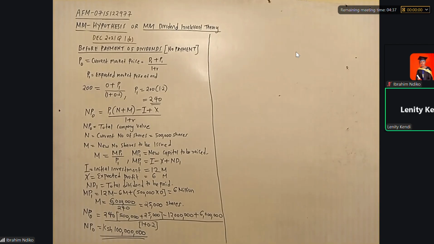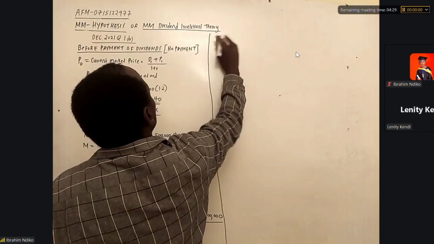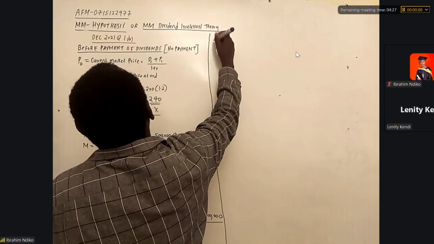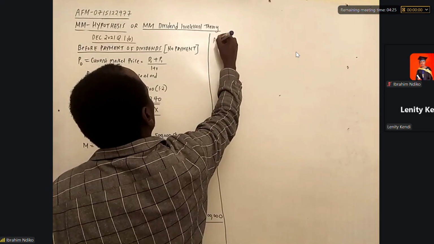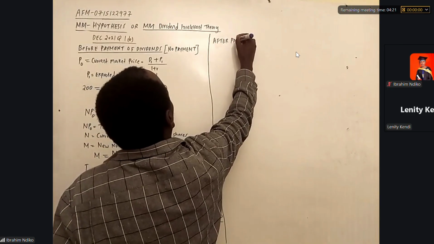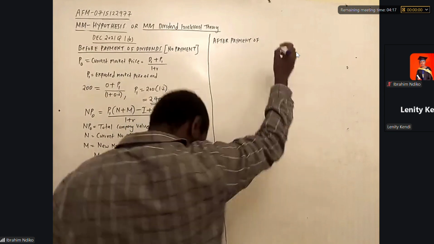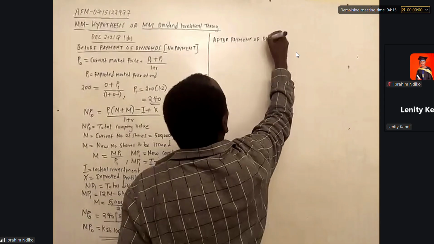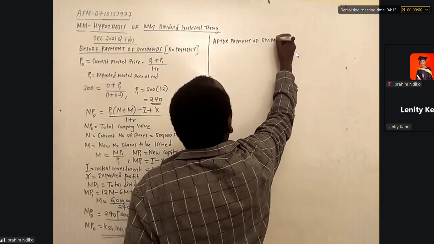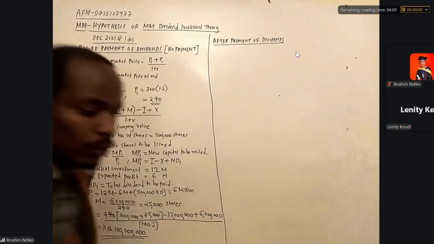Yes. Now let's go, what if they pay dividend? So how much dividend are they paying in our question? First, let's start with our formula PO, after payment of dividend, this one will be the end.